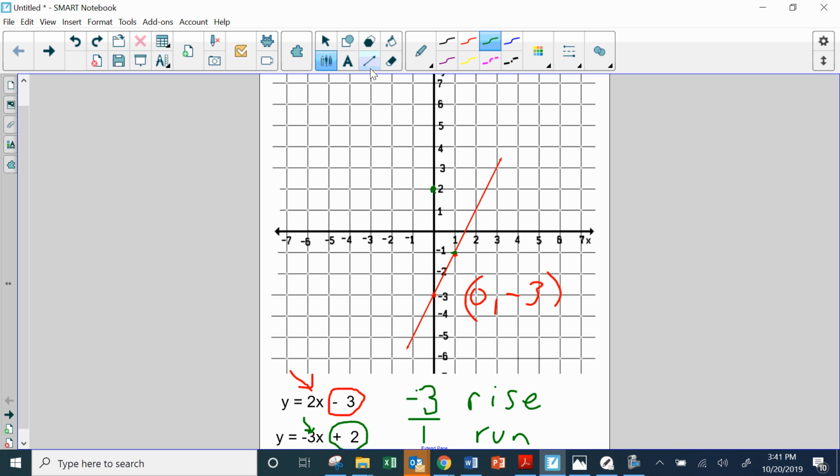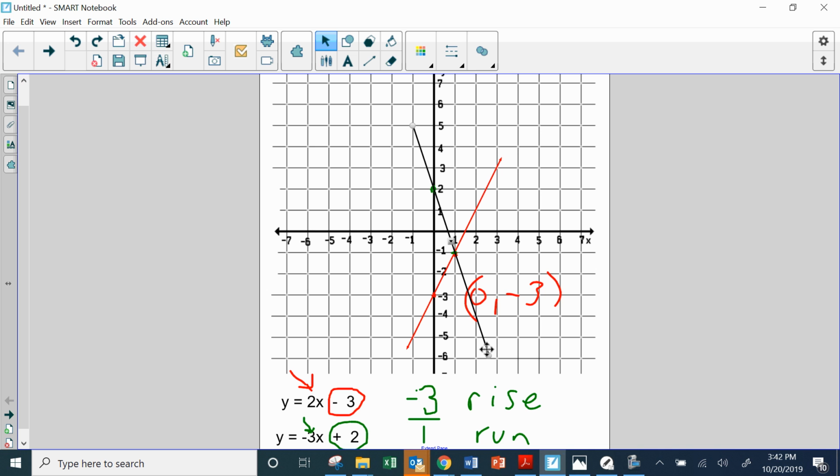So now I just create a line going through both of those points. I'll make this line a little bit longer. And now I've created the second line. It's already got the arrows on it, which is good.